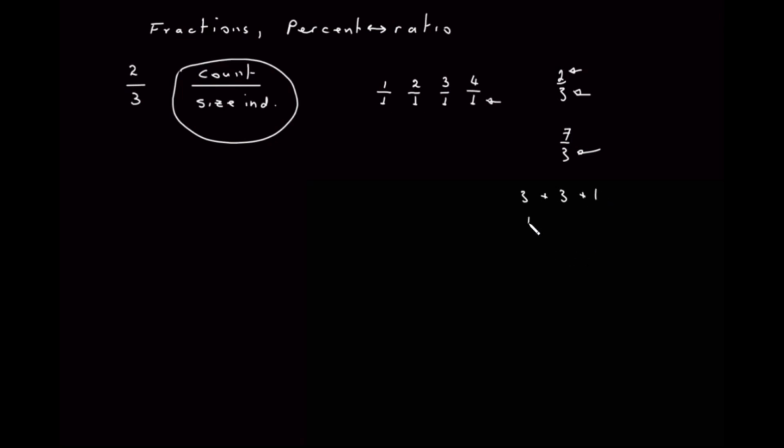So we have a complete one of something, a complete one of something, and a part of something. So this is 2 and 1/3 of something. There's a complete one, there's a complete one, there's a part. 2 complete ones, 2 and 1/3. As we work our way through these examples, you will get more used to this.